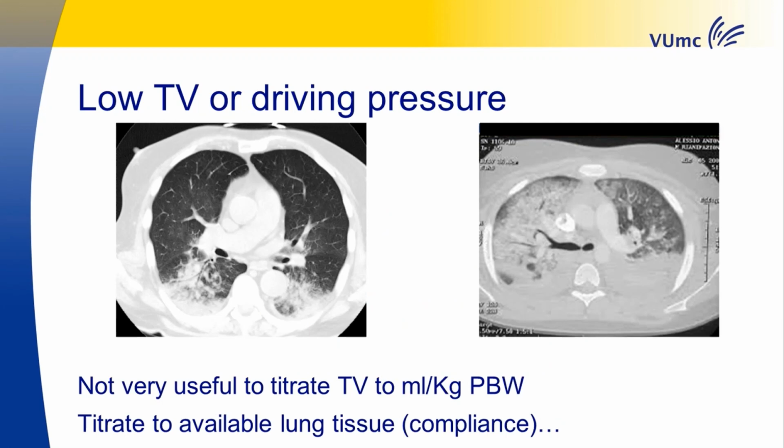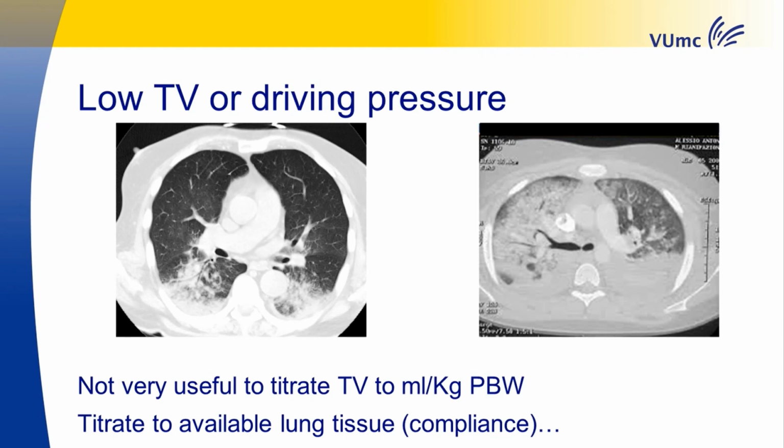And then, again, to make it simple, lung protective ventilation more or less dictates a tidal volume of 6 ml per kilogram body weight. Tidal volume corrected for body weight. But look at these two patients. Both patients fulfill criteria for ARDS. If these patients were 70 kilograms predicted body weight, both would be fine with 420 ml of tidal volume.